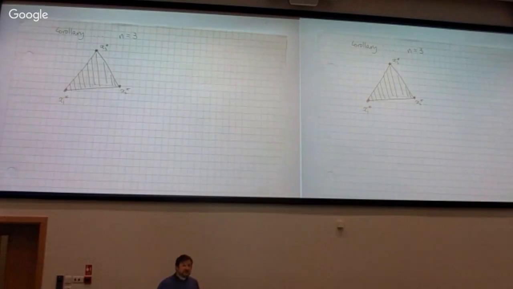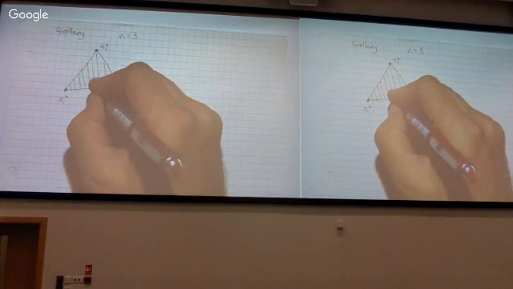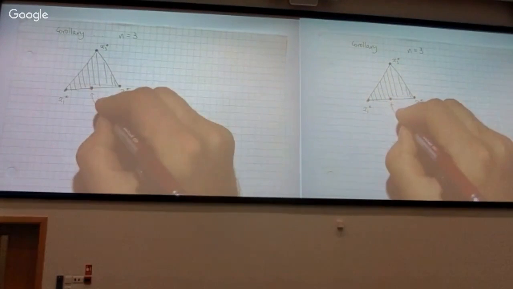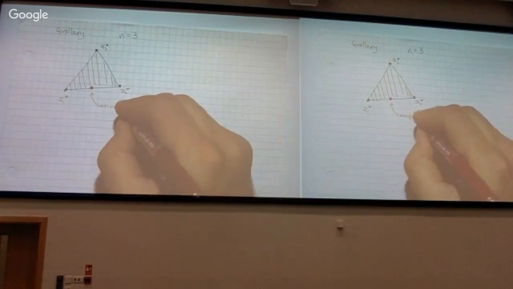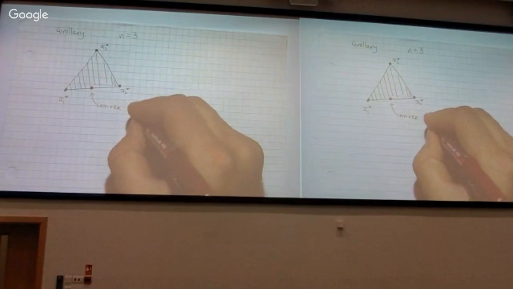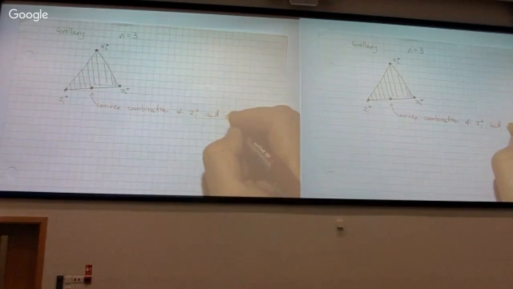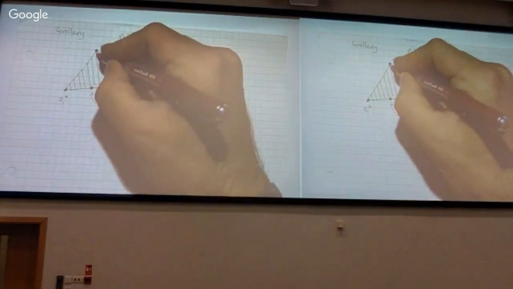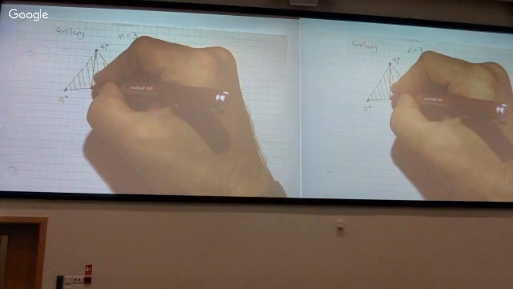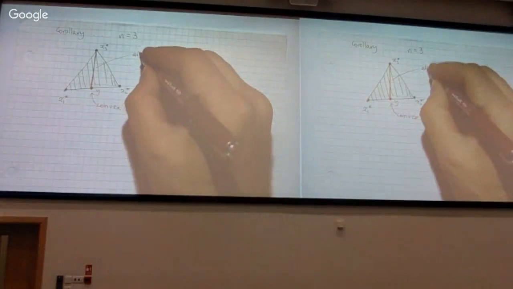The way it actually works is you take any convex combination of x1 and x2, and then this line segment is then all convex combinations.